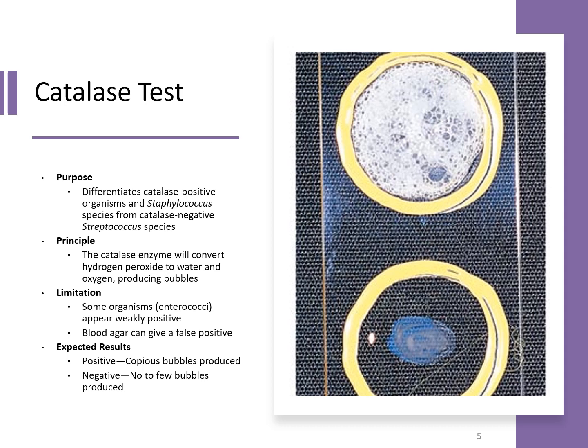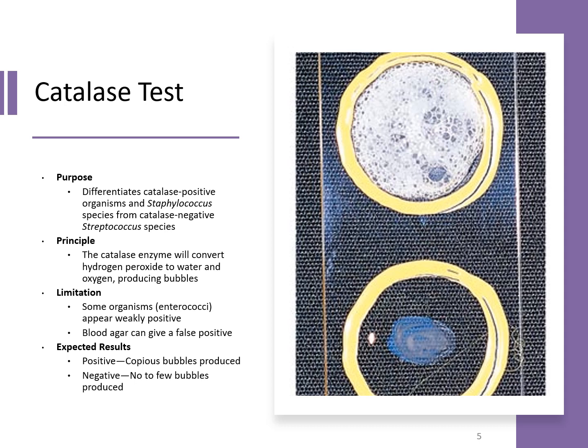And if the organism produces bubbles, and so what happens here is the catalase enzyme, if it's present in that organism, will convert that hydrogen peroxide to water and oxygen. And then as a result, you will see that oxygen start to bubble up. So here at the top, you have a positive reaction for catalase, and at the bottom, you have a negative reaction for catalase. So you do not see any bubbling.